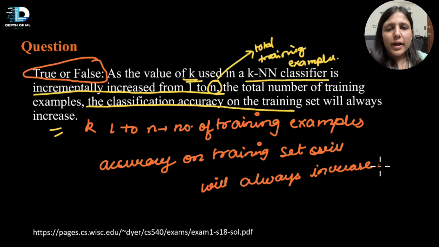As the value of k used in a KNN classifier is incrementally increased from 1 to n, the classification accuracy on the training set will always increase. Fine.